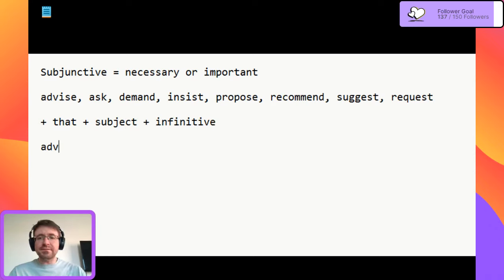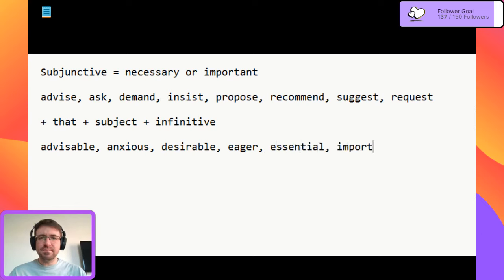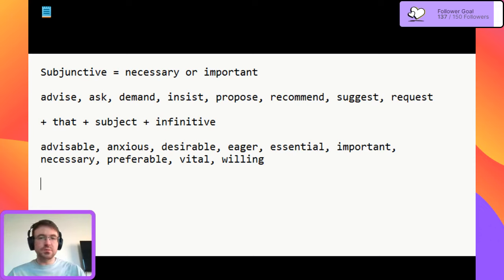It's also typical after certain adjectives, which are advisable, anxious, desirable, eager, essential, important, necessary, preferable, vital, and willing. So just as an example, it is vital that he go home now. Something like this would work.